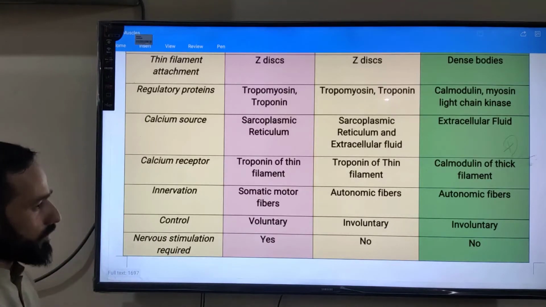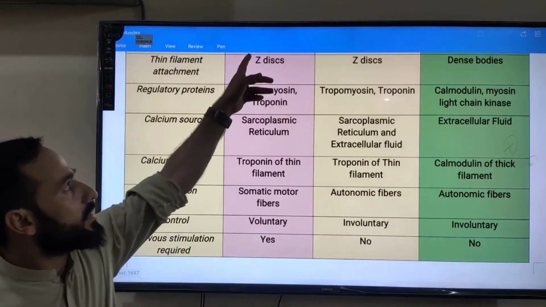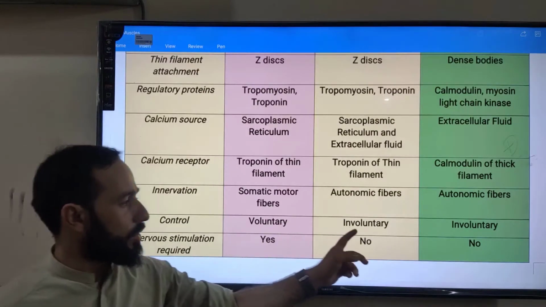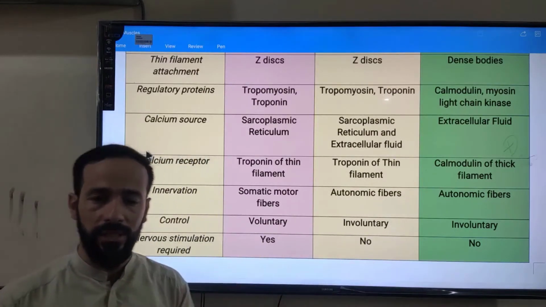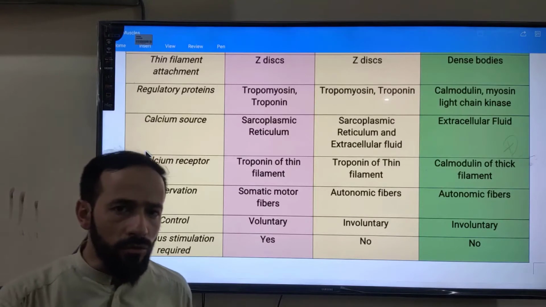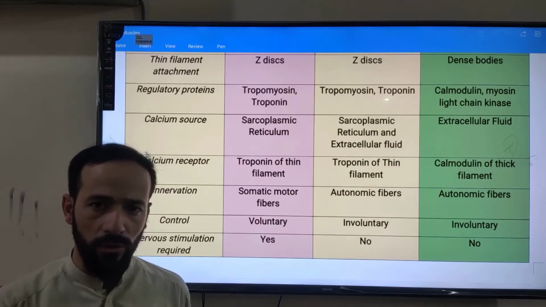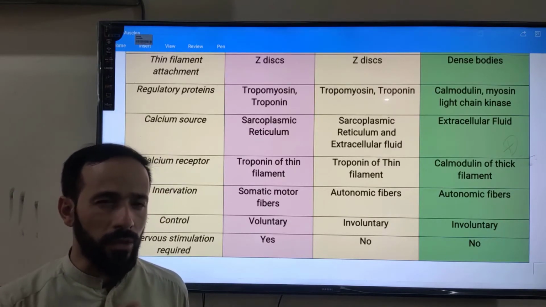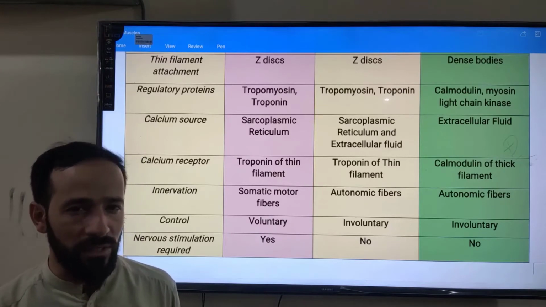What about control of the muscle? Our skeletal muscles are voluntary. Our cardiac and smooth muscles are involuntary in nature. Can you stop your own heartbeat? No. Can you stop the contraction of cardiac muscles?